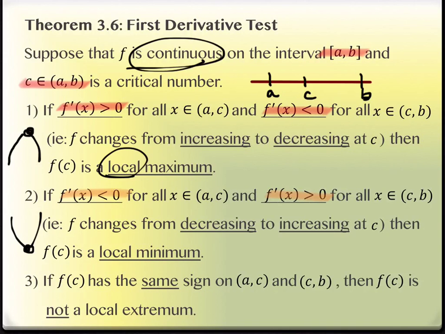Okay? The last one says that if you have the same sign, right, if it's positive, positive, or negative, negative, then the location that they're changing at, if you will, isn't a max or a min. Right? It's saying, like, I didn't actually find anything. And a really good example of this is the graph y equals x cubed.